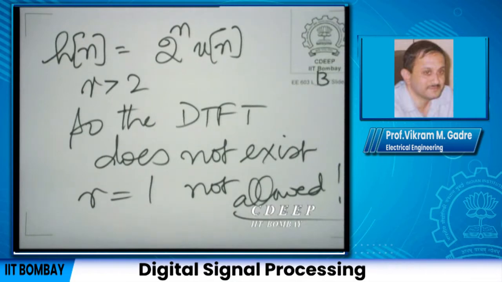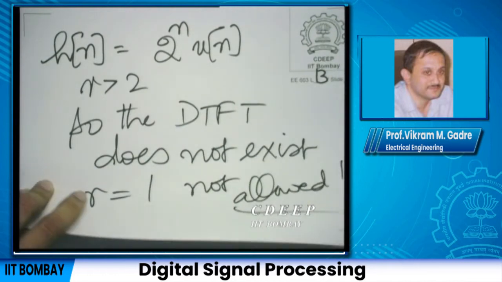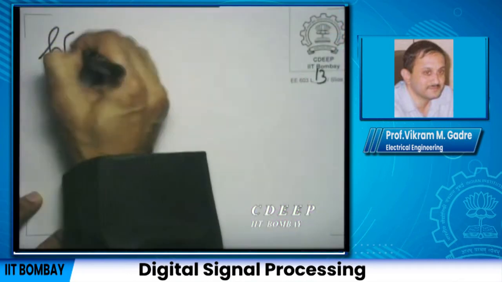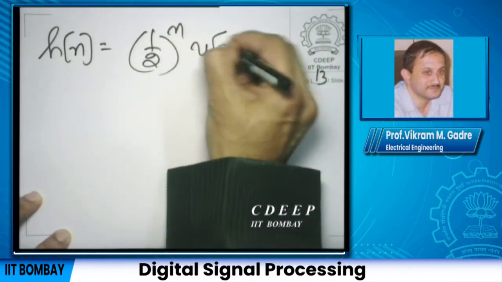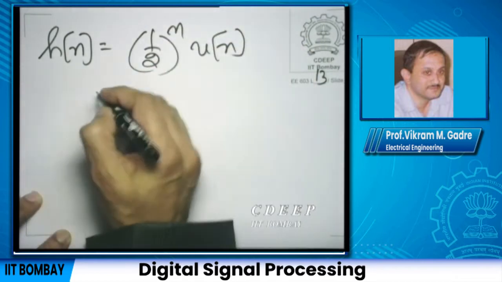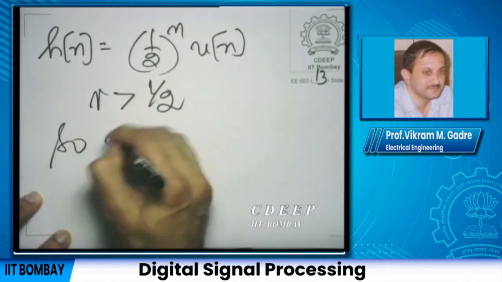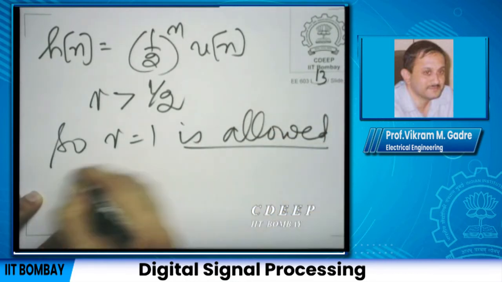But of course, we can always take another example. h[n] is half raised to the power of n u[n]. And indeed, in this case, r needs to be greater than half. So, r equal to 1 is allowed, and therefore, the DTFT exists.